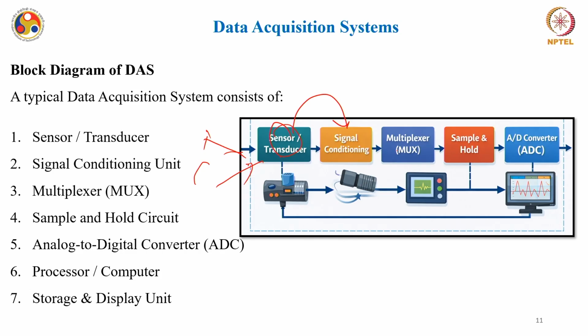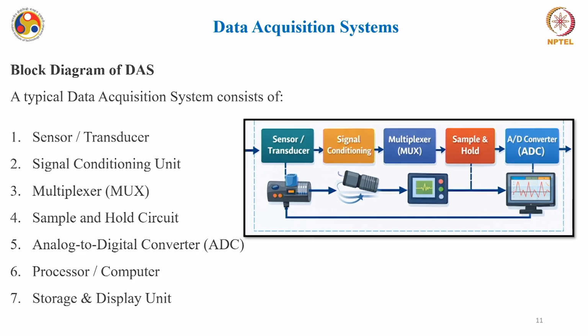We have a multiplexer after that. We have a sample and hold circuit, an ADC, and further it is fed to a processor and then to a storage unit or to a display. A typical DAS system looks something like this. Some of the components may be missing in some, say, low frequency systems, but this is in general a very common composition of a DAS system.